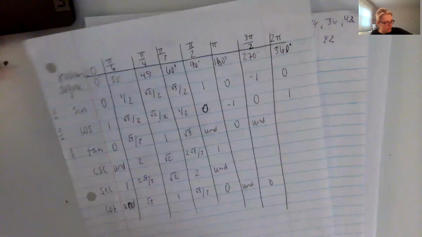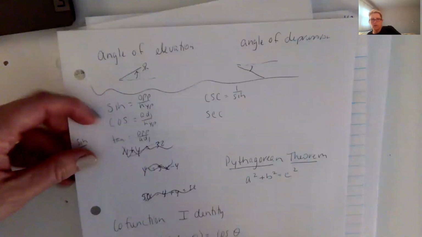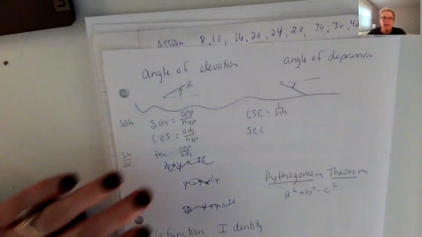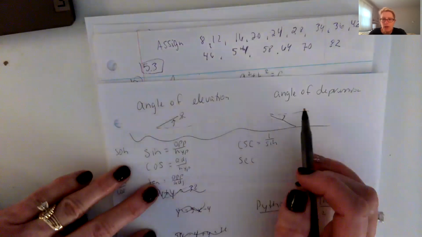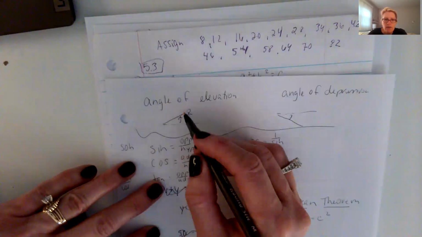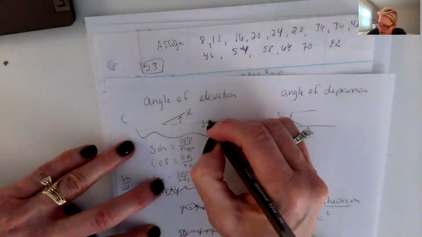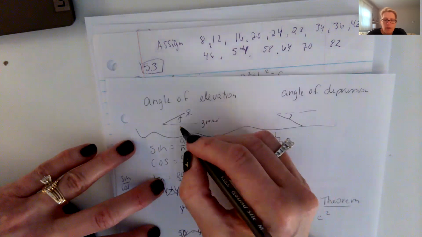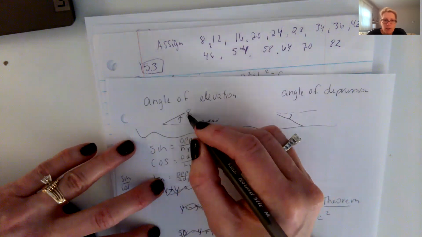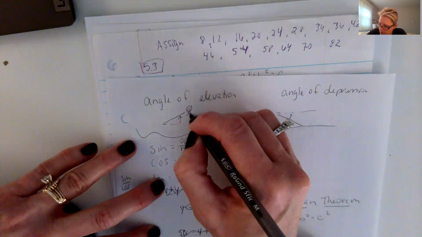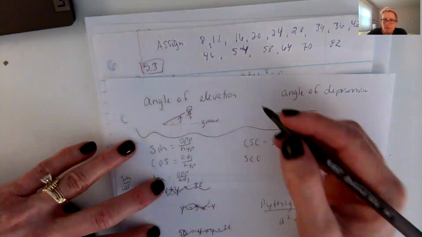The other piece that we're going to do today, and I can just show you right here on my paper, is the angles of elevation and depression. So the angle of elevation means that, let's just say this was the ground. Then the angle of elevation is the angle up to, let's say, the balloon that is up in the air.